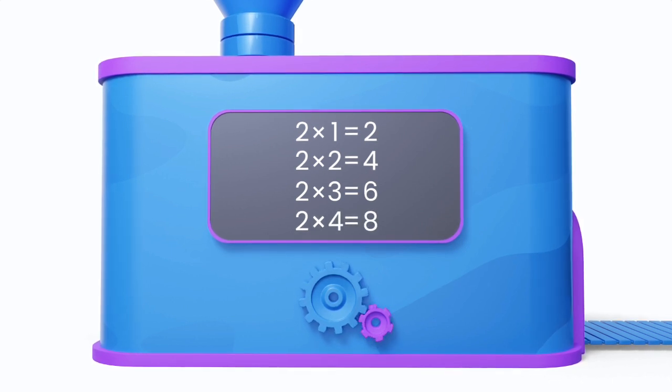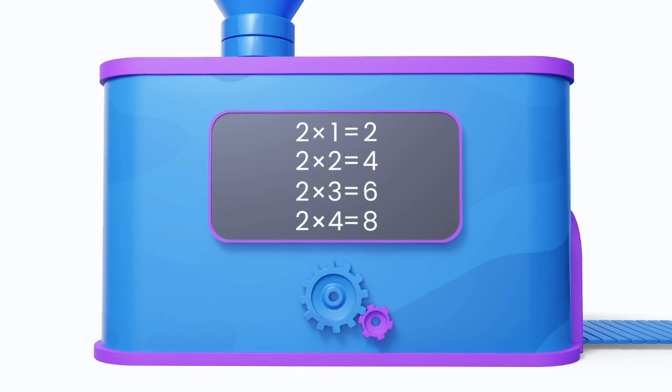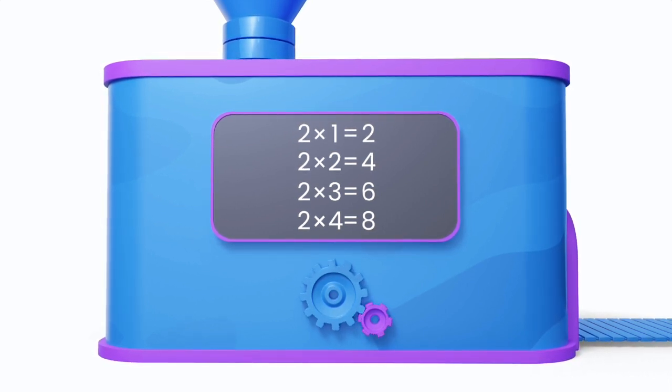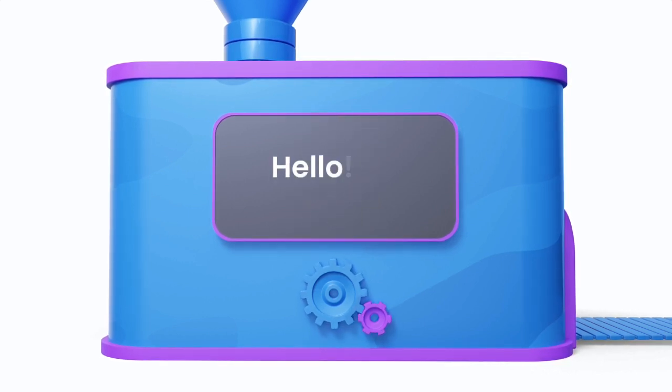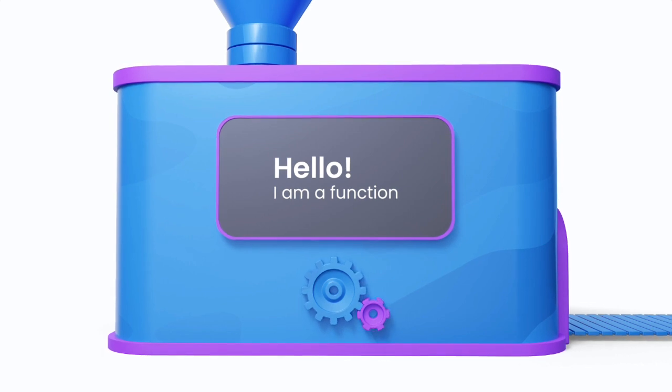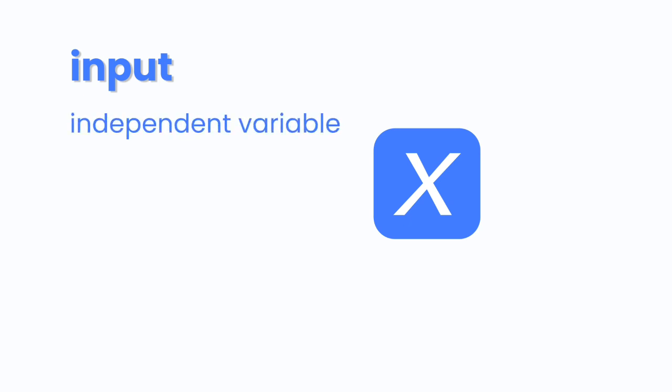Before diving into how you formulate what the machine did using math, let's first look at some theory. In mathematical terms, this machine is called a function. Usually, you use x as the name for the variable you input. This is known as the independent variable because you choose the values. It's called a variable because it doesn't have to be the same value all the time.